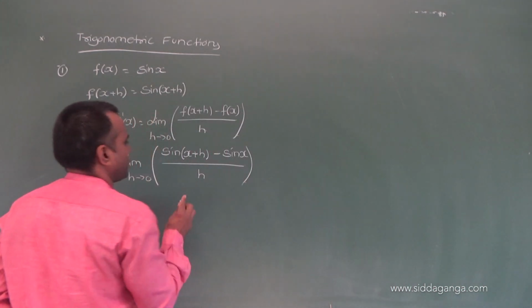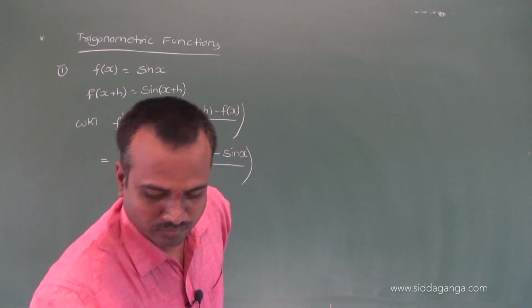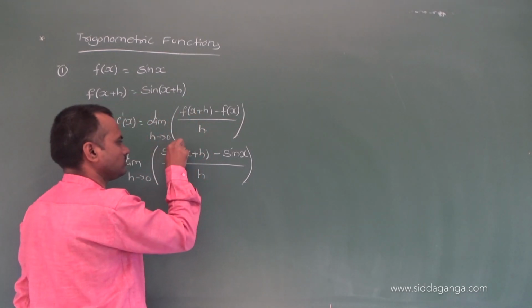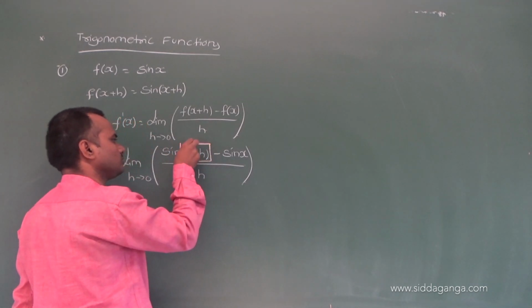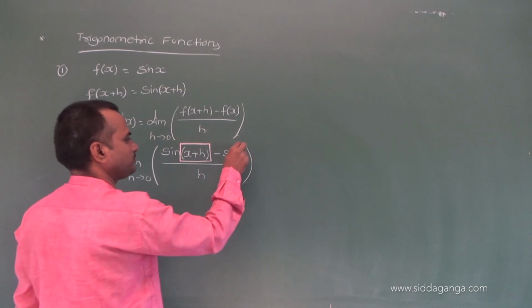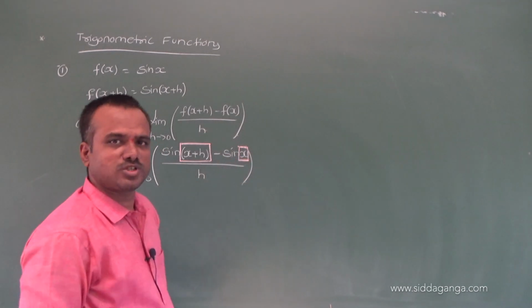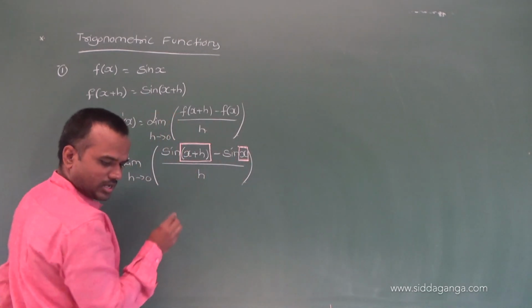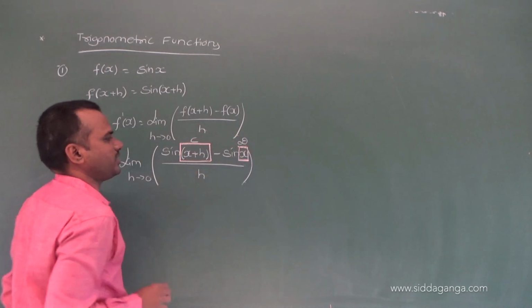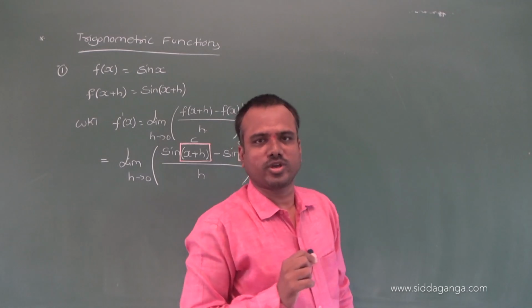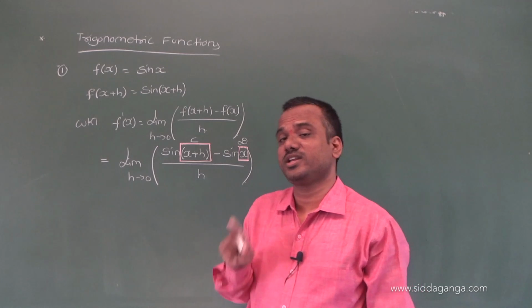Observe here, these two terms, I call this C and this D. You know the transformation formula in trigonometry.